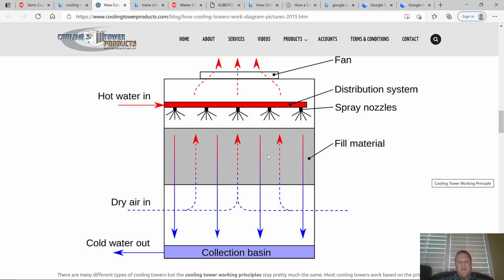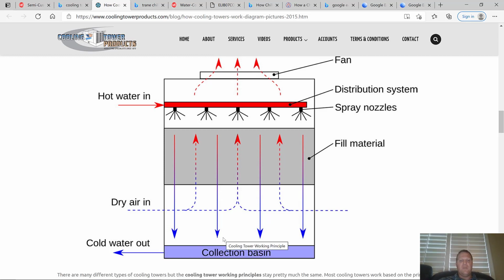In order to make that phase change, it's going to need to get a lot of heat. So how does the water get heat in order to make the evaporation? It steals the heat from the water surrounding it. So the water that doesn't evaporate ends up being colder and lands in this collection basin and then goes back out to the chiller condensing side to cool off that chiller.